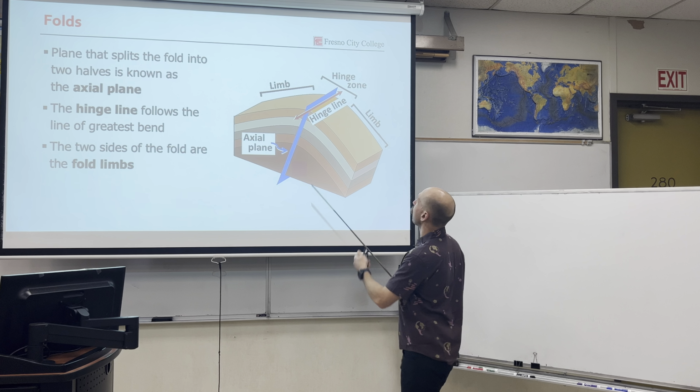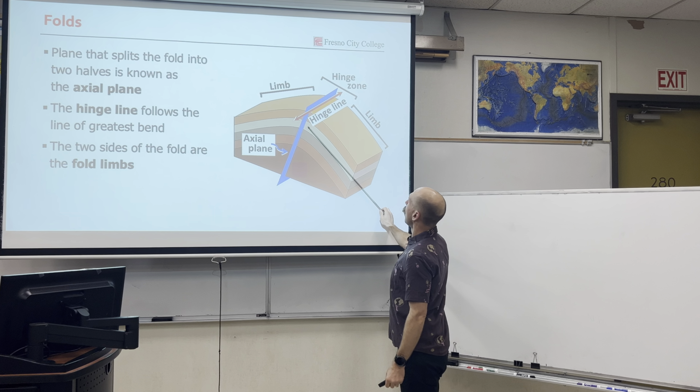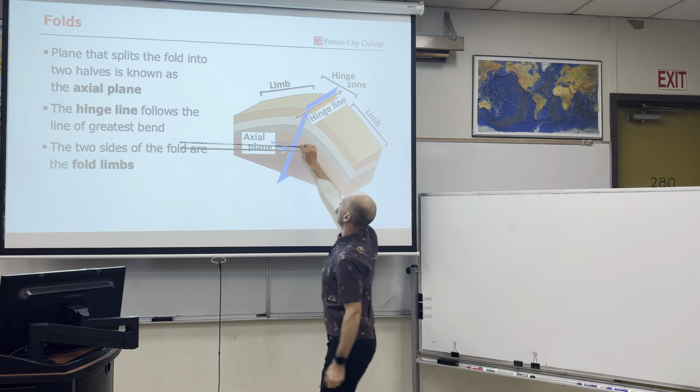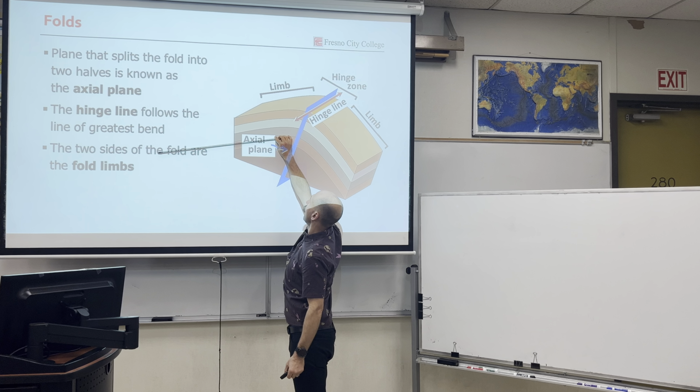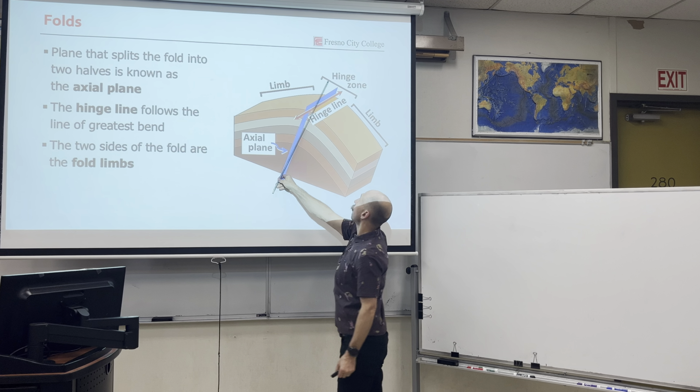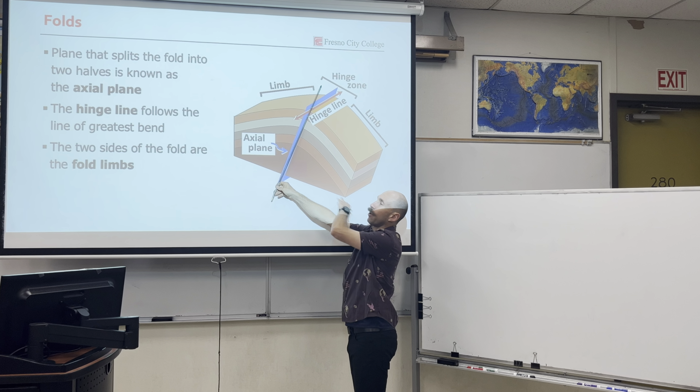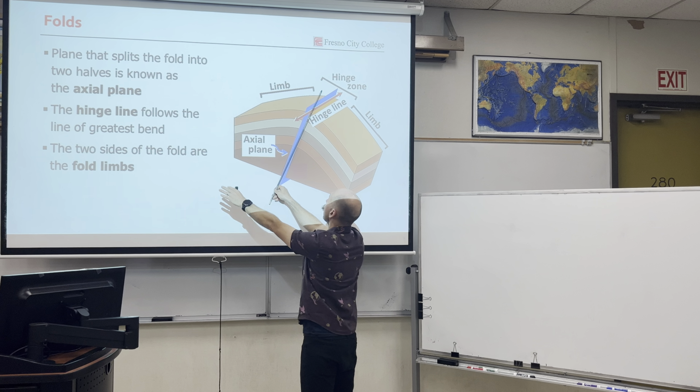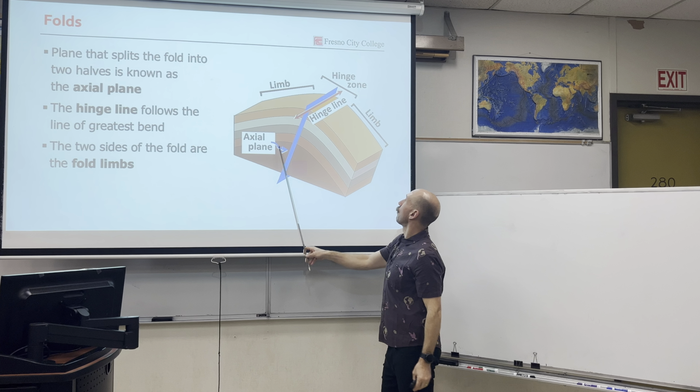So we have a limb on one side and a limb on the other. And then the plane that separates one limb from the other is going to be the axial plane.